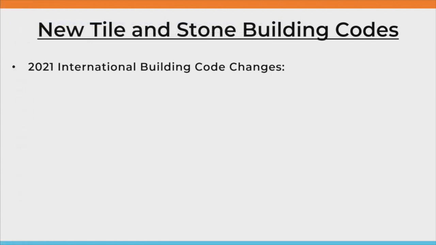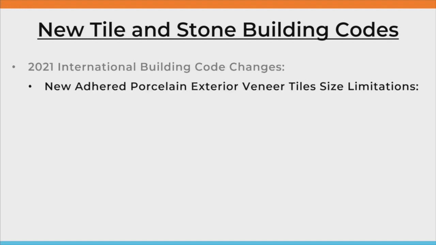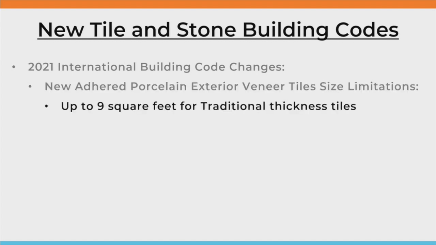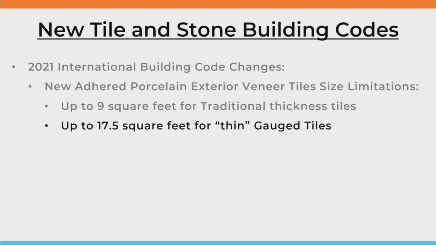So, some new tile and stone building codes. The 2021 International Building Code has some changes regarding tile. The new adhered porcelain exterior veneer tile size limitation has substantially increased, up to 9 square feet for traditional thickness tiles. So that's like a 3-foot by 3-foot tile or some rectangular equivalent.